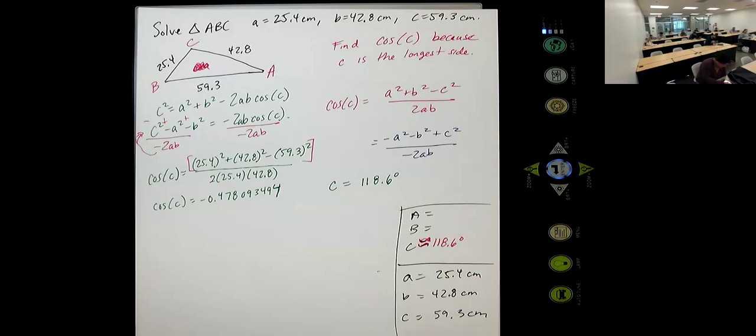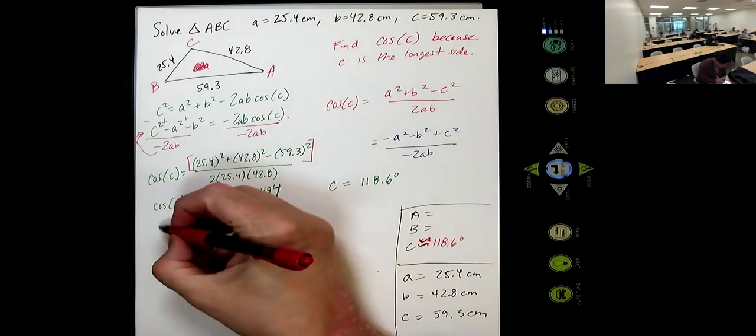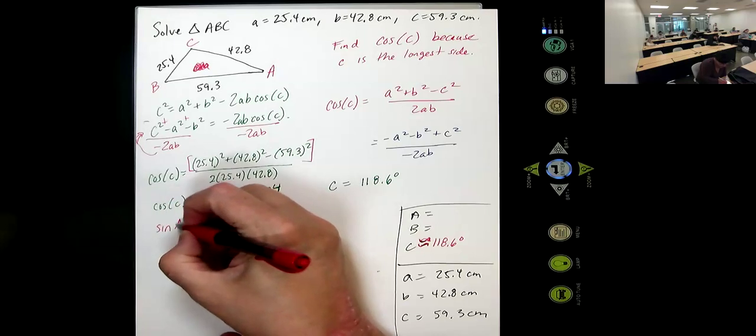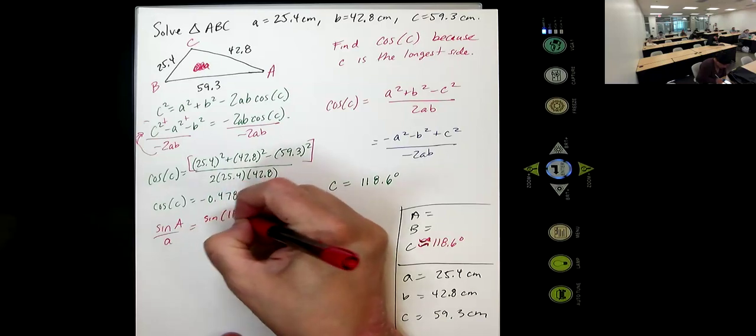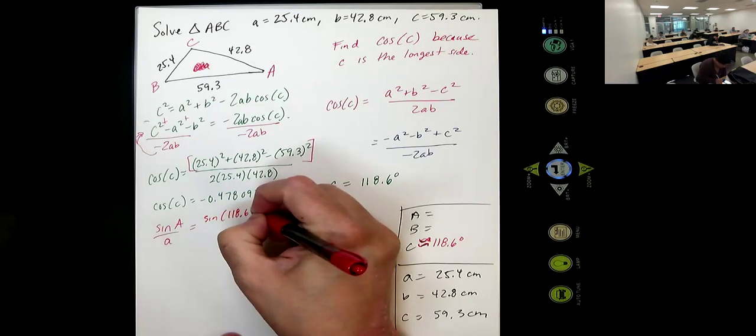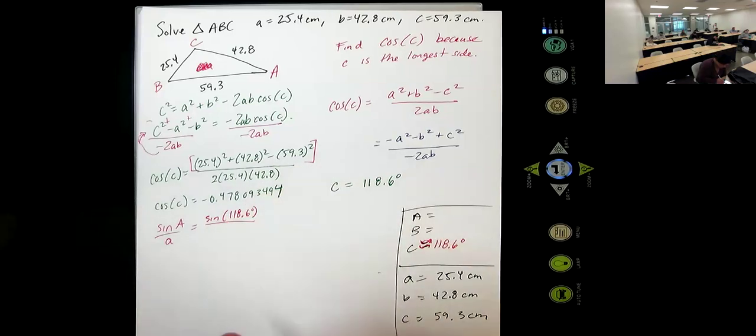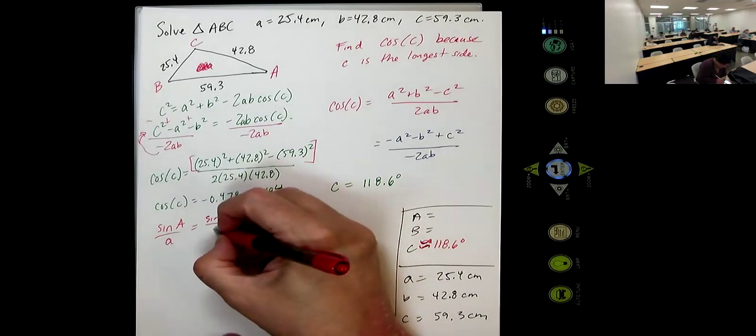A, there we go. So we're gonna find A by doing sine A over A equals sine of C over C, which was 59.3.